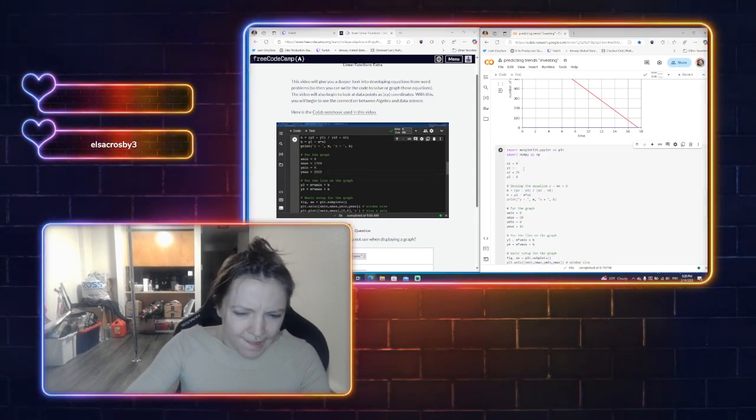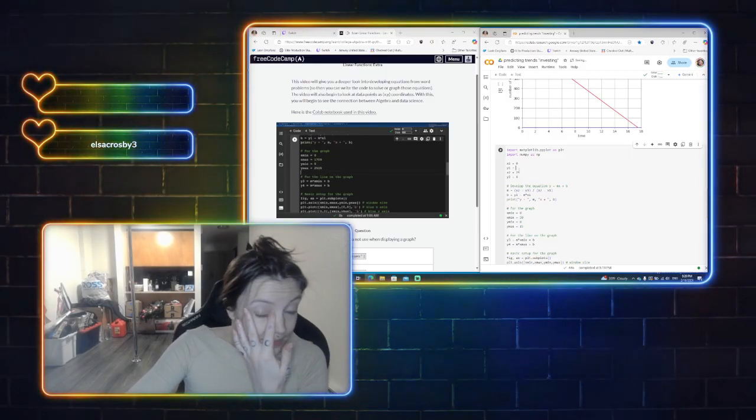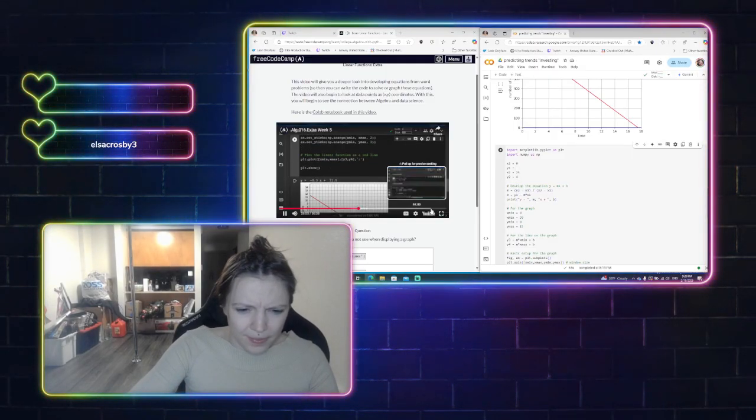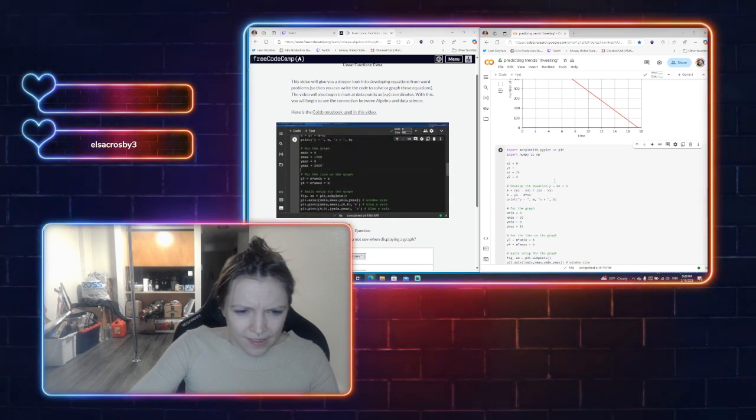So then, if I wanted to graph this, my y maximum, I put it wrong.